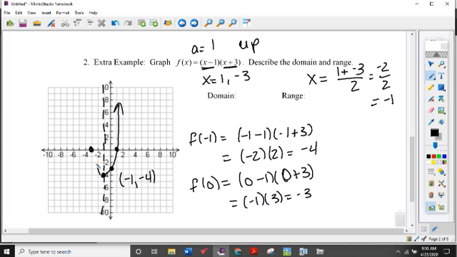Now I connect my points. My domain, again, pretty easy. It's always all real numbers. My range is based on the y value of the vertex, and it's above, so it's greater than or equal to -4. So I'm going to stop there, and then I'll come back and I'll do the other examples of graphs that are not in intercept form.